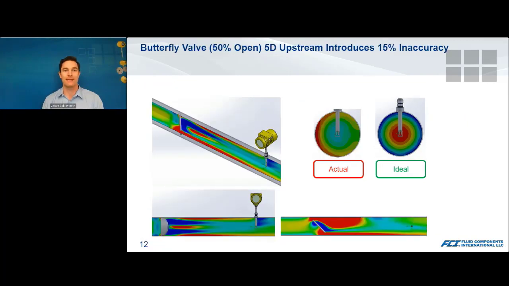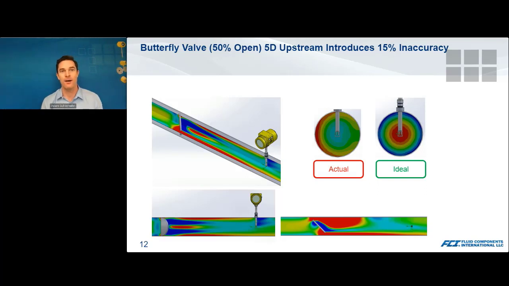Now, taking a more common scenario that we see with valves, in this case, we have a butterfly valve that's 50% open and it's 5 diameters upstream. And looking at the CFD here, it really throws off the flow profile. You see the ideal, again, that bullseye with the sensing element right in the center of that bullseye, and the actual measurement being made is not at that ideal point.